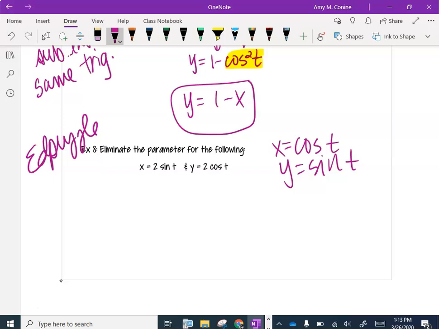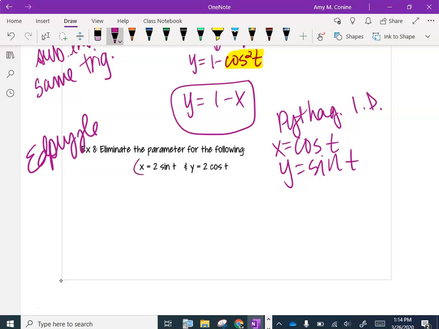Again, you need to have all those trig functions ready and available of things that we've done so far and things that we learned in 6.1. For these, I'm just going to do a little finagling, because I'm going to use my Pythagorean identities along with what x and y equal to solve this.